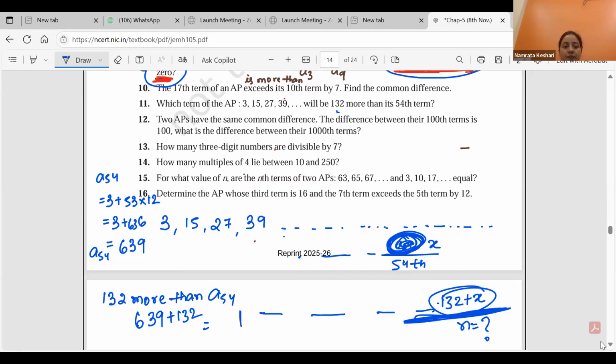That means ये जो नंबर है इसका placement क्या है, बस हमें यही तो चेक करना है. आ रहा है समझ में? Yes, ma'am. चेक करके बताओ 771 कौन से प्लेस पे है. इस AP में 3, 15, 27, 39, इस AP में 771 is sitting at which place?